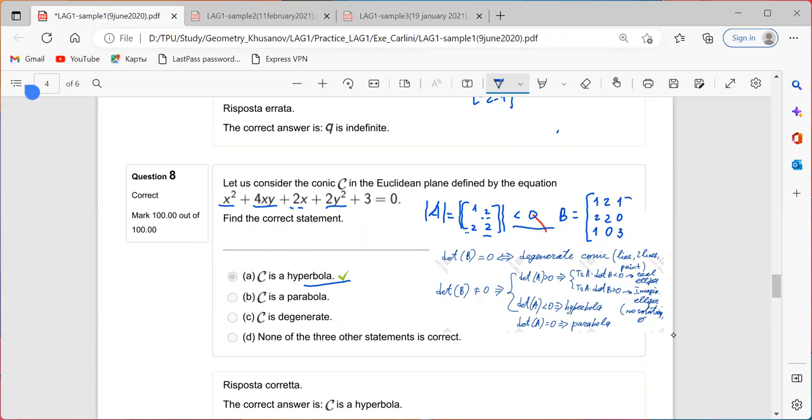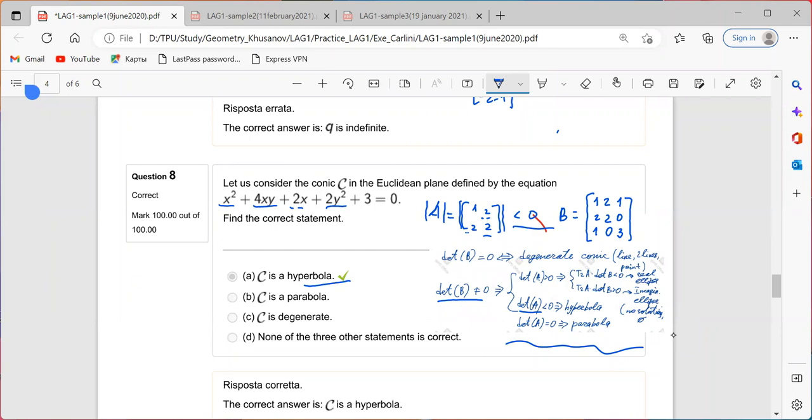And then we have to compute the determinant of this B. What about this determinant? On the lecture we have considered this kind of criteria, and on this picture you can see it. If the determinant of B differs from 0, in that case we can consider different situations. If the determinant of A is less than 0, that's a hyperbola.